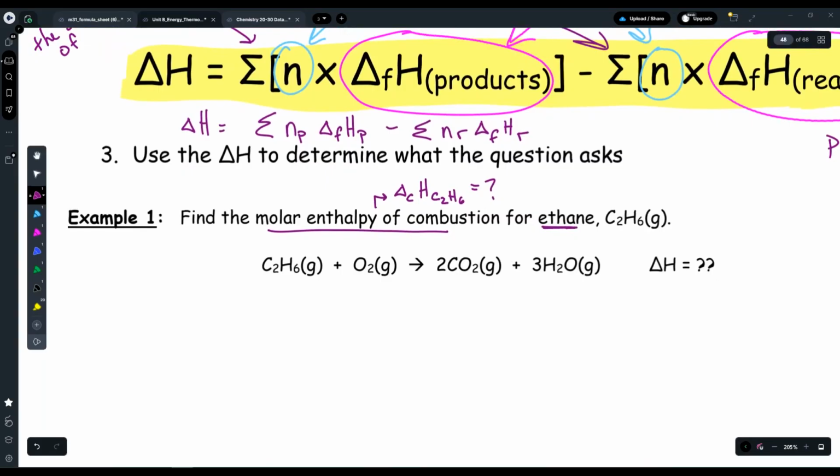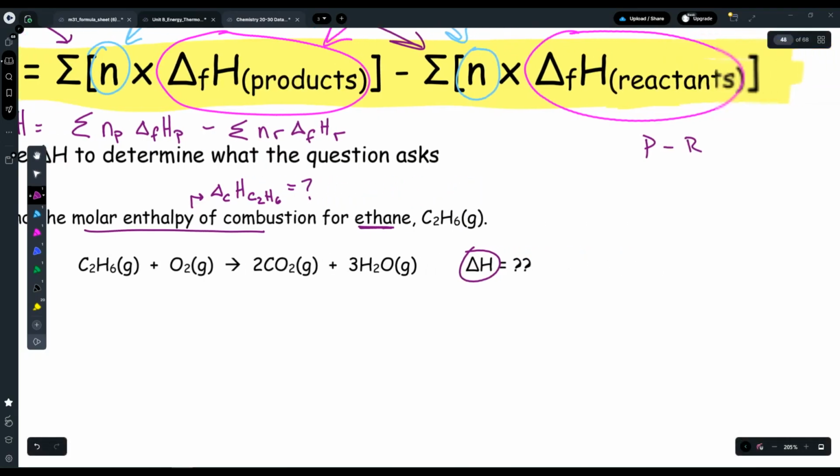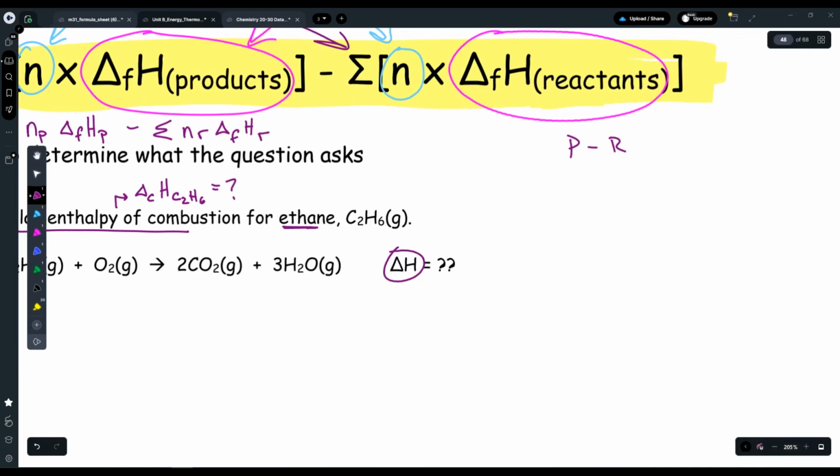But first, what we need to do is find the change in enthalpy using the formula version of Hess's law. Then from the change in enthalpy, we can figure out the molar enthalpy of combustion by dividing the change in enthalpy by the moles of ethane here.